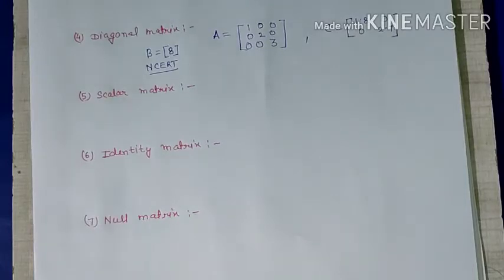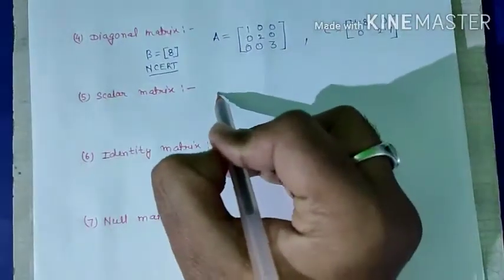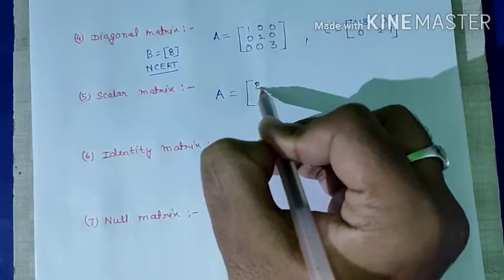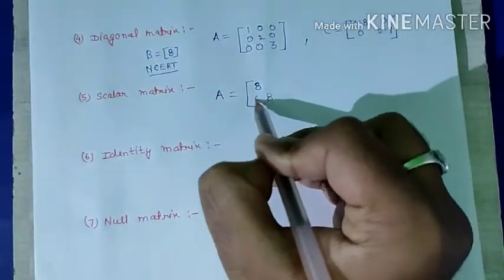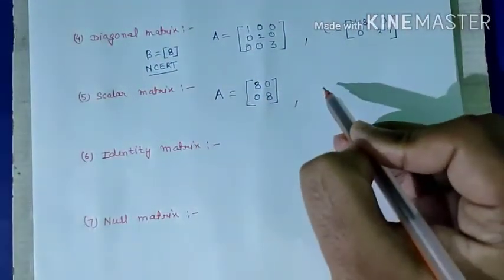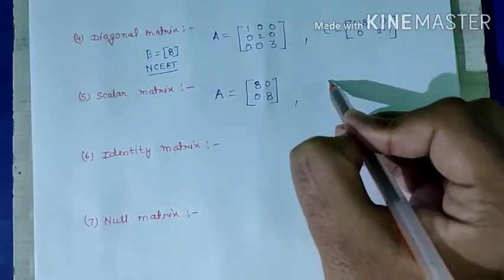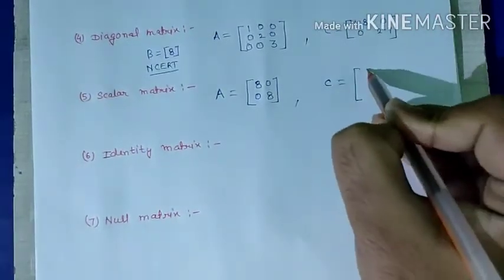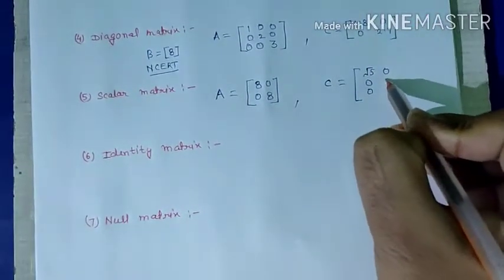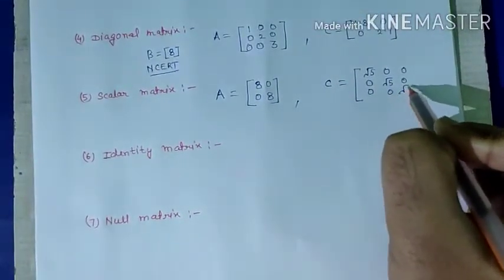If we have the same entries in the diagonal, like if I give you an example, 8, 8, 0, 0. This is an example of a scalar matrix. There may be more examples like C, with root 5 on the diagonal and 0 elsewhere.